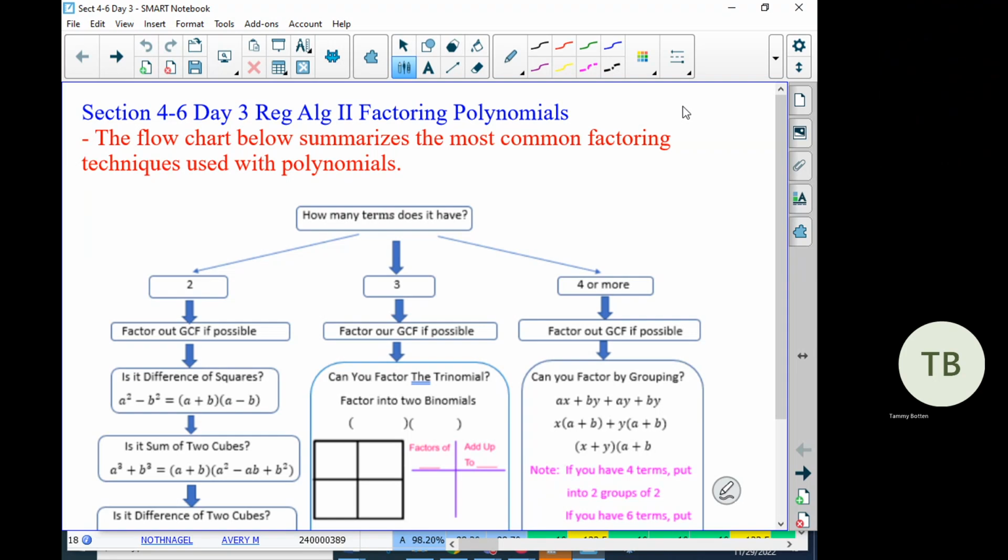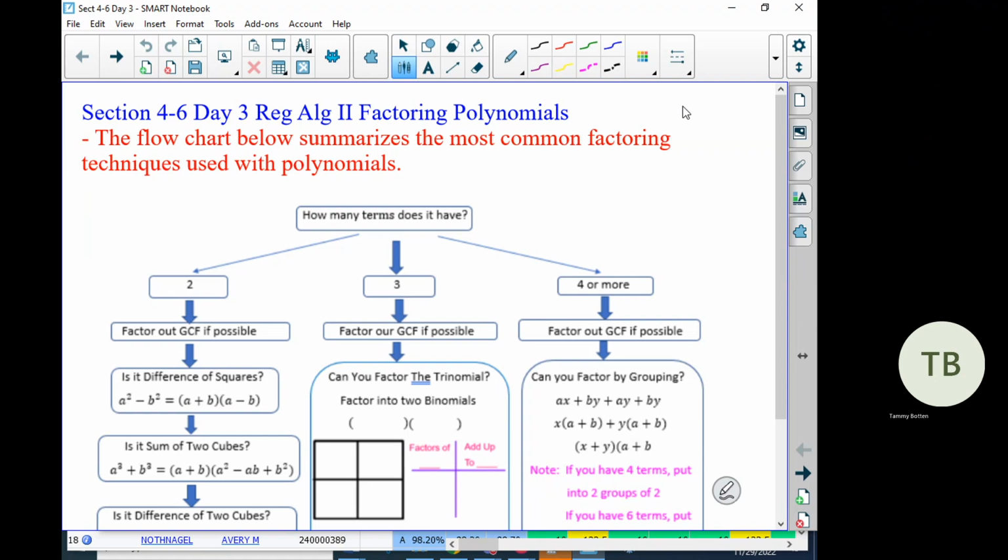On your practice quiz as well as your quiz, I set it up where there's like 20, 25 questions, something like that. And then I did group them. So the first 4 or 5 are difference of squares, then some are difference of cubes, then factoring trinomials, then factor by grouping.